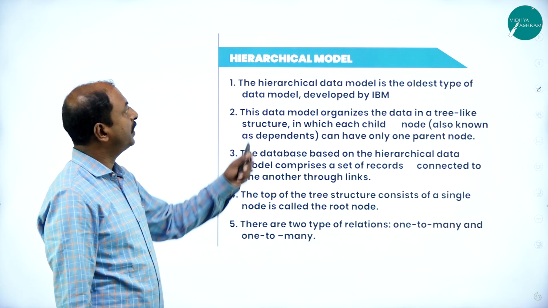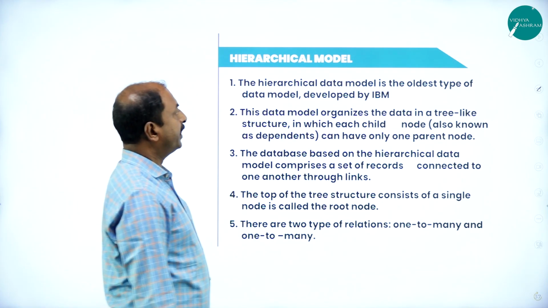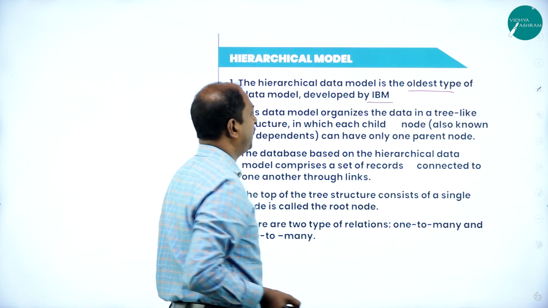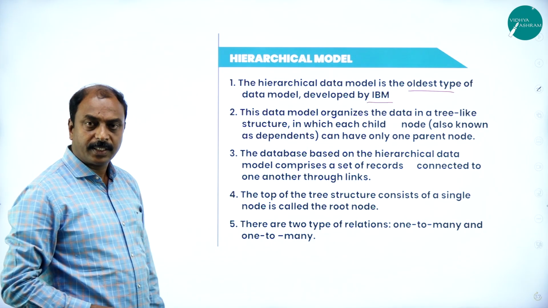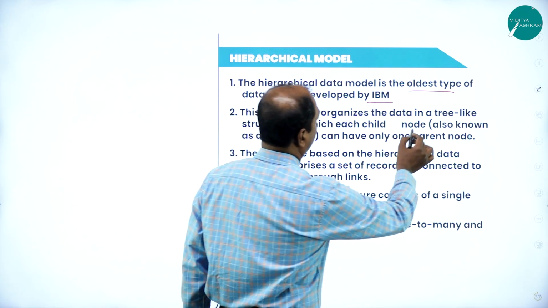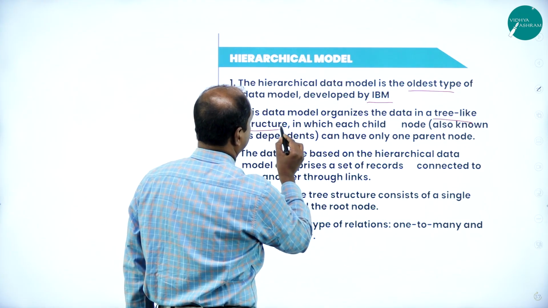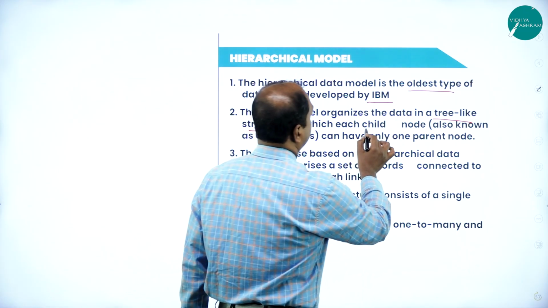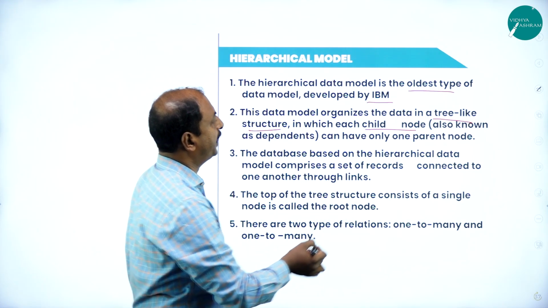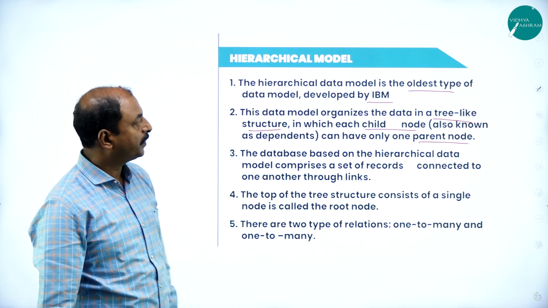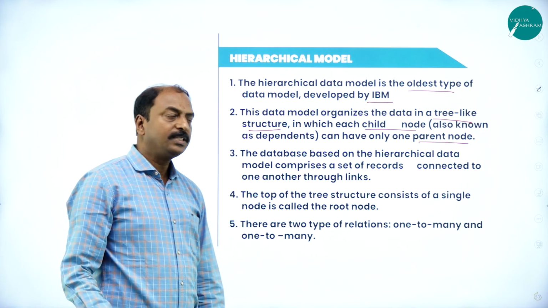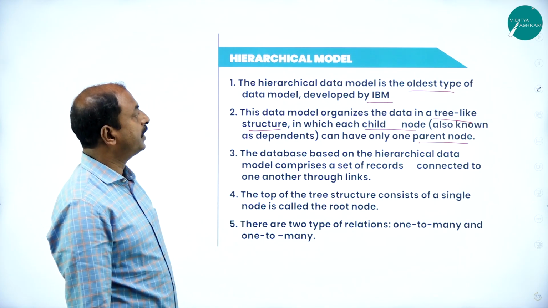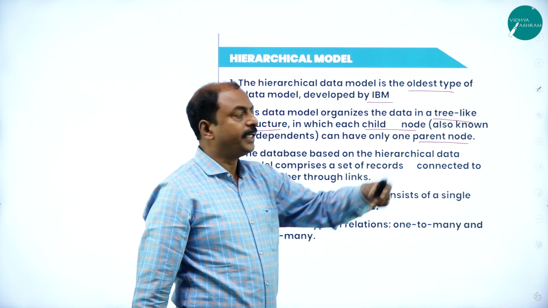The first one is the hierarchical model. The hierarchical data model is the oldest model, developed by IBM. This data model organizes the data in a tree-like structure. Whenever we talk about a tree-like structure, the common terminologies are child node and parent node. So here data is arranged in the form of a tree.